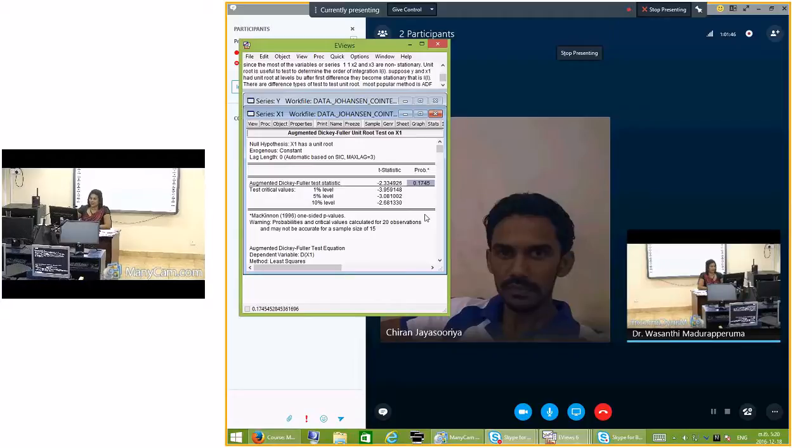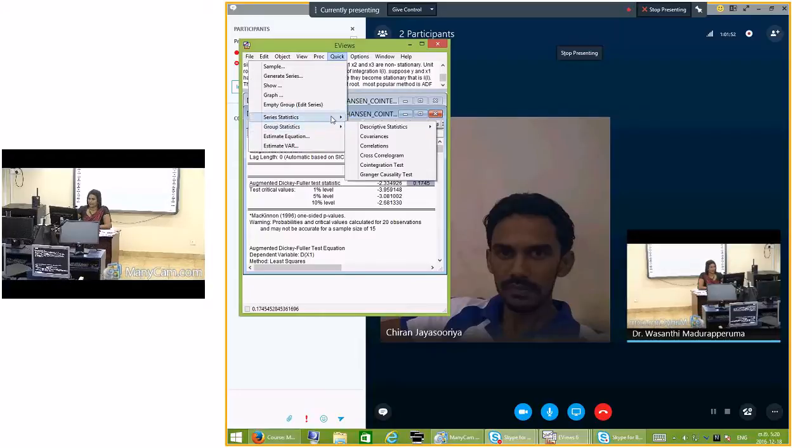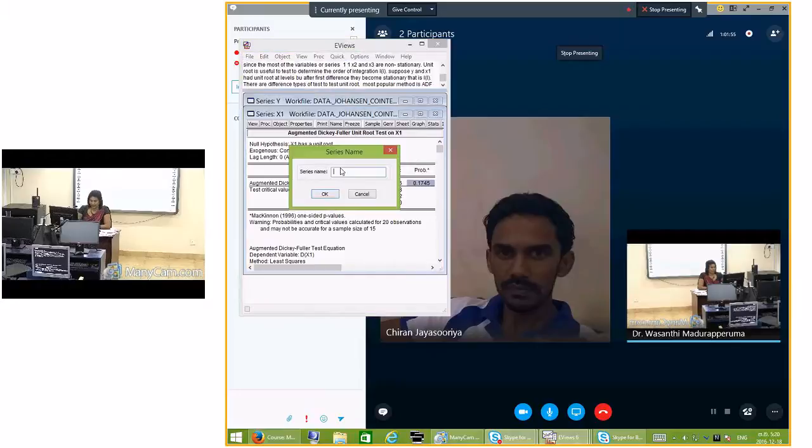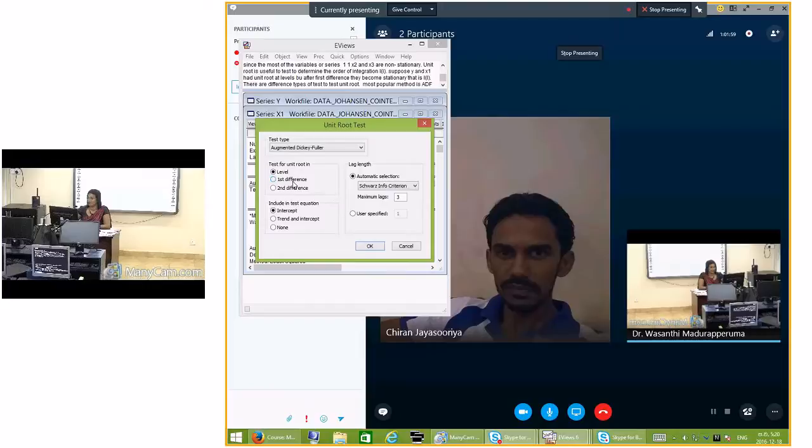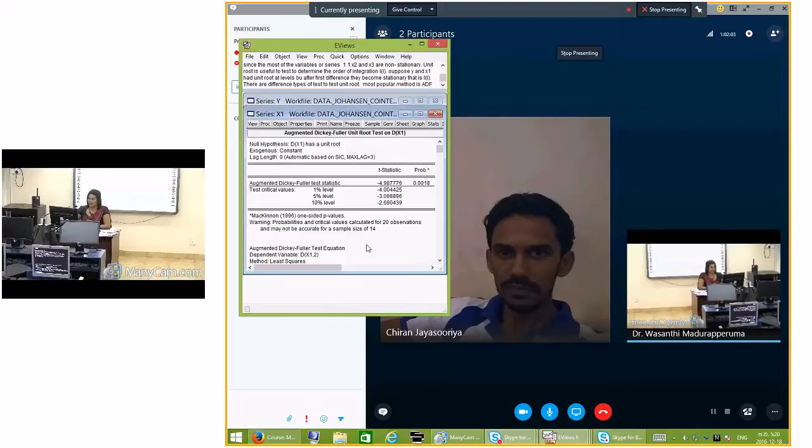Then go to the same group statistics, unit root test y x1. Check the first difference. You can see that in the first difference the probability value is less than 5%.